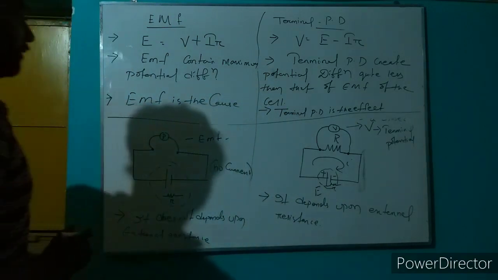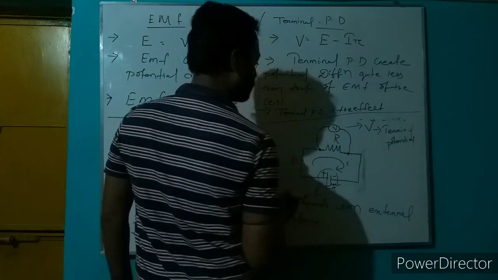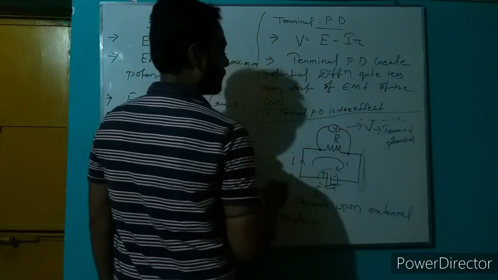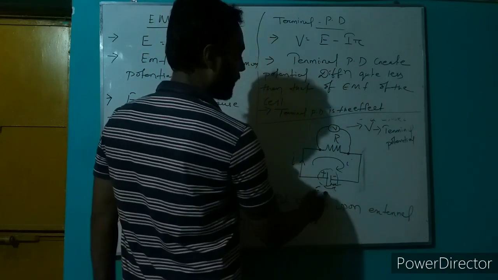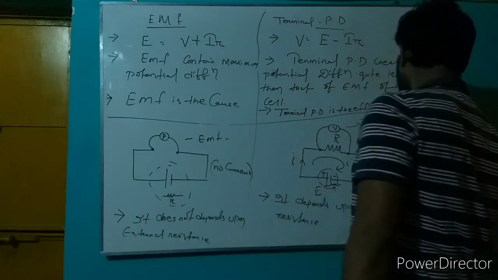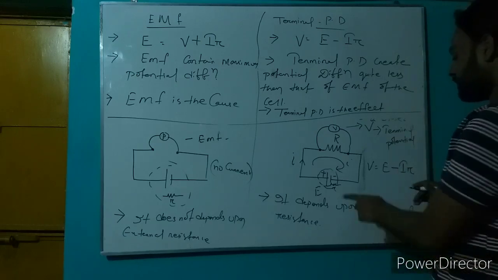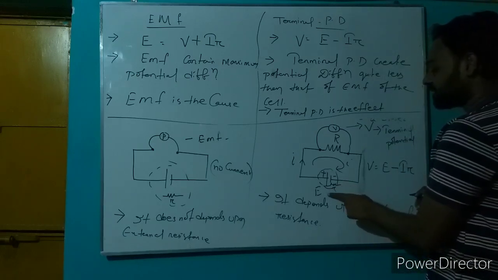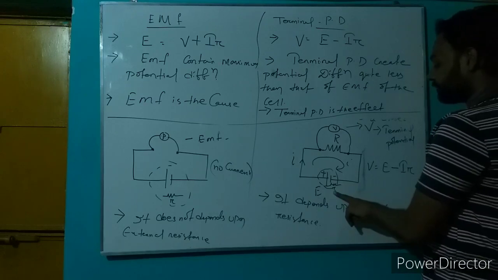Okay, so this is current I here, and there is a potential difference across the two ends of the conductor, and this is the EMF of the cell. So here V equals E minus I times R, the internal resistance of the cell. Because inside the cell there is a resistance, that resistance is called the internal resistance of the cell.